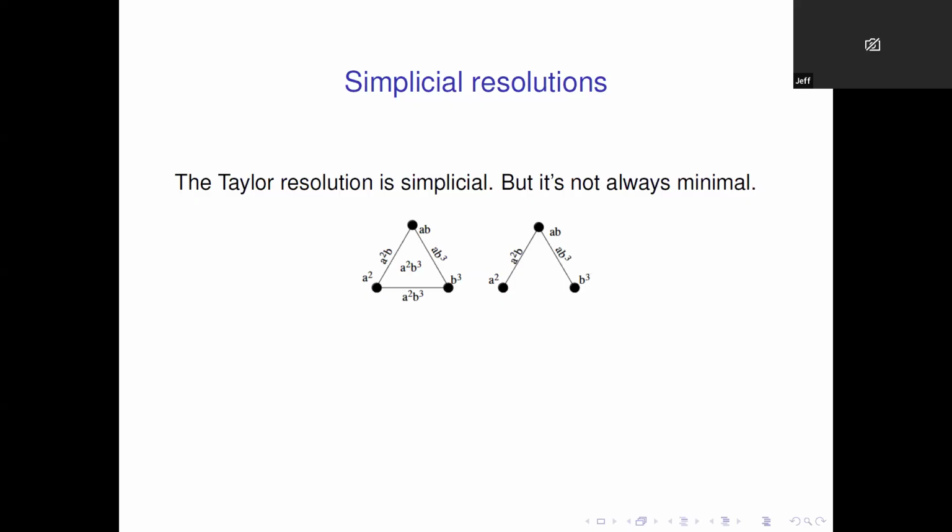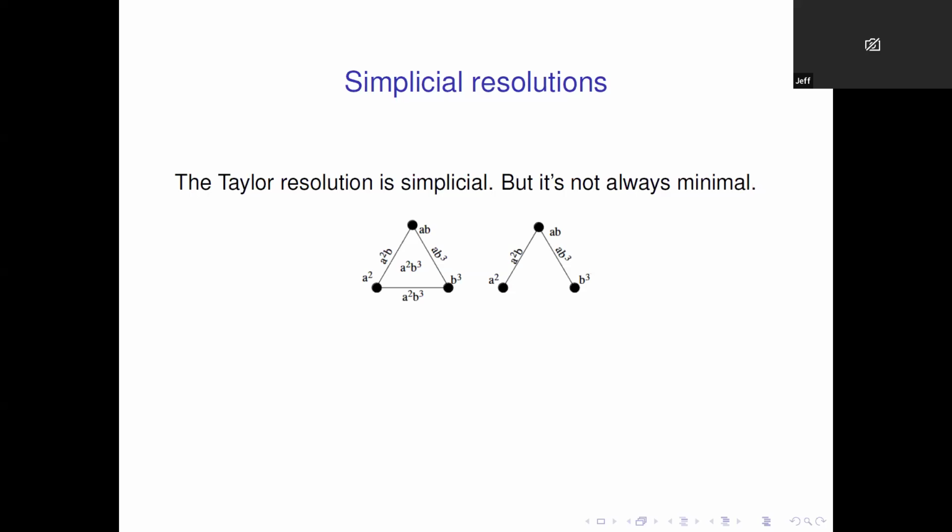So the Taylor resolution, it turns out, is always a simplicial resolution, always supported on the full simplex of its generators, but it's not necessarily minimal. So, for example, this picture here shows the Taylor resolution on the left for the ideal a squared, ab, and b cubed. And notice that the big face consisting of all three generators has the same multi-degree as the edge on the bottom, because the LCM of a squared and b cubed is equal to the LCM of all three things.